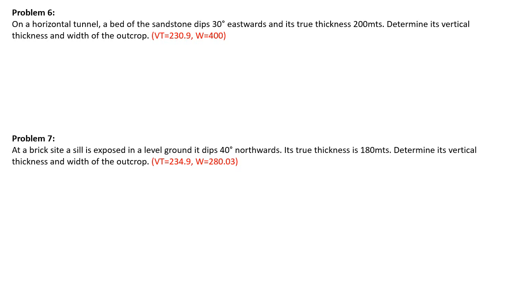So what I will do is, as usual, I'll draw a ground line. Then the true thickness is given. I'll say it is dipping eastwards, so in this direction it is dipping. I'll mark one point. The other point I don't know because it is the width.